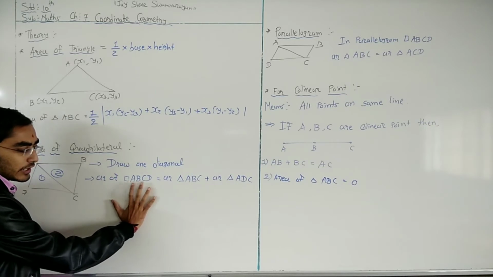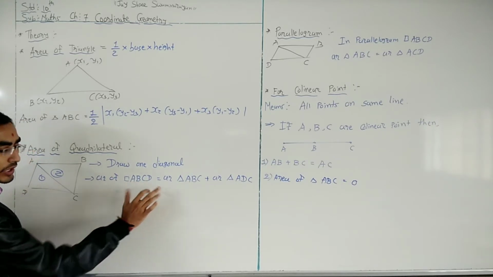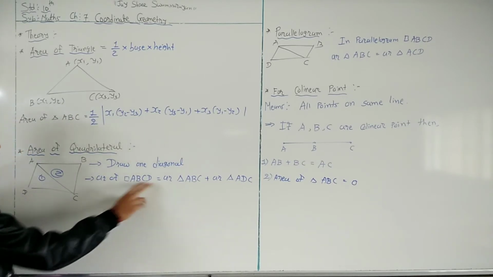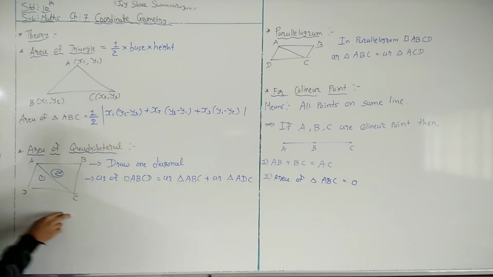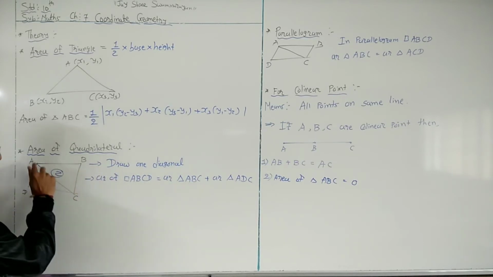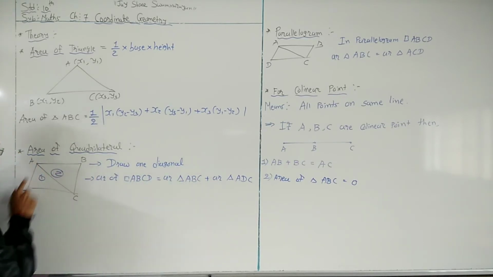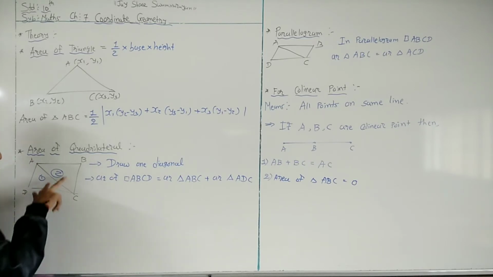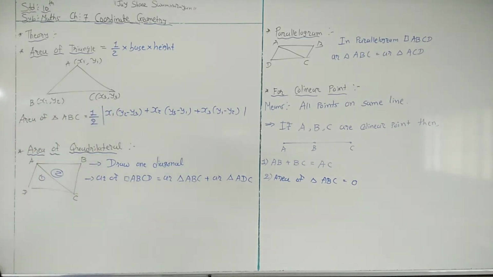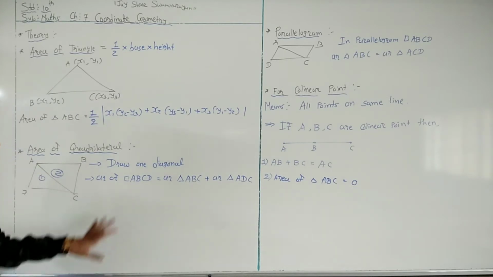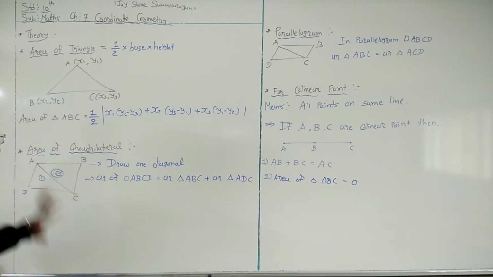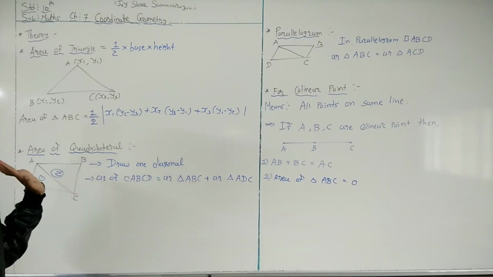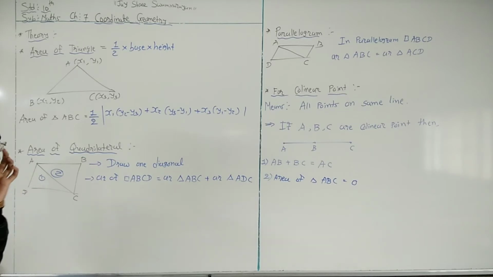Area of quadrilateral ABCD, shortly we can write AR, is equal to area of triangle ABC plus area of triangle ADC, and you can find the area of triangles by using this formula.